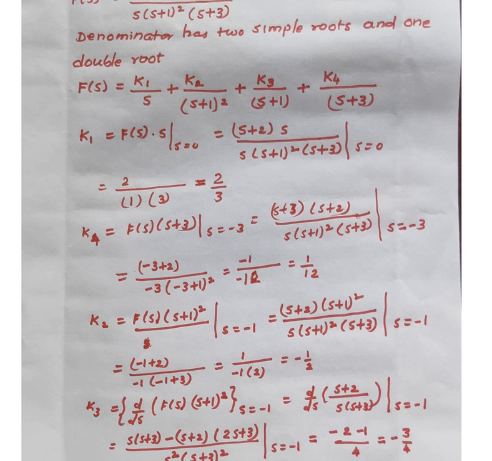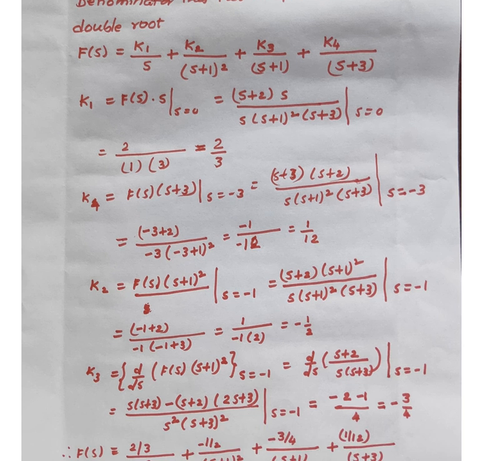When we multiply with (s plus 1) whole square, this and this get cancelled, and then substitute s equal to minus 1. Then we get minus 1 plus 2 divided by minus 1 into (minus 1 plus 3). Then you simplify it. Then we get minus 1 by 2 as the value of k2.